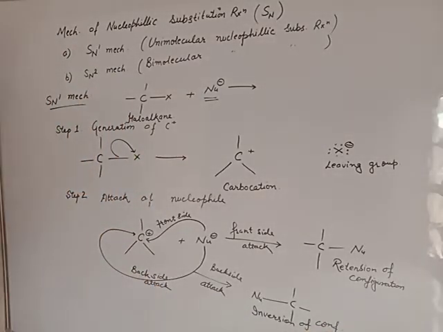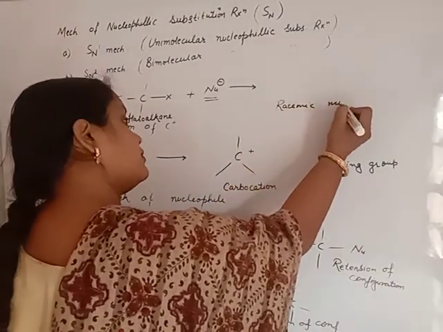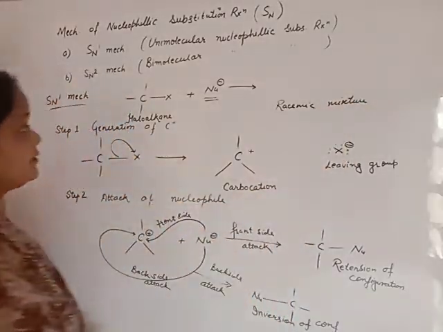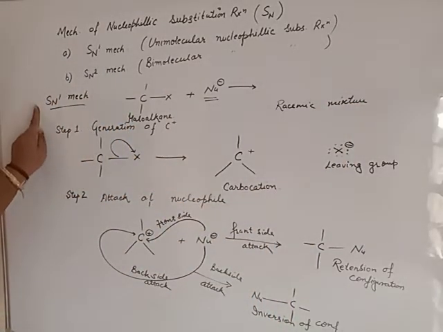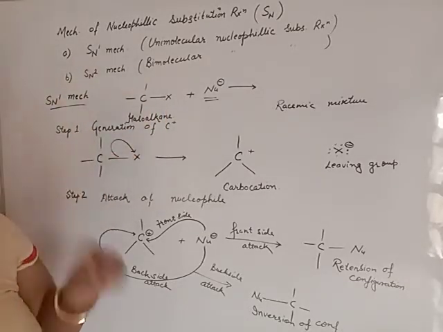In the case of SN1 mechanism, we have a mixture of products, that is inversion of configuration and retention of configuration. Equimolar mixture of product configurations, either retention or inversion, is known as racemic mixture. In SN1 mechanism, rate of reaction depends upon alkyl halide only.